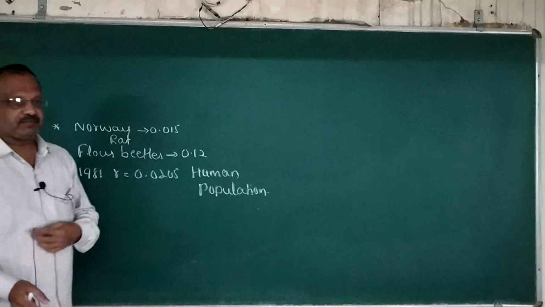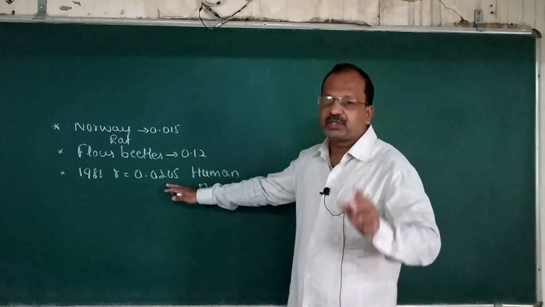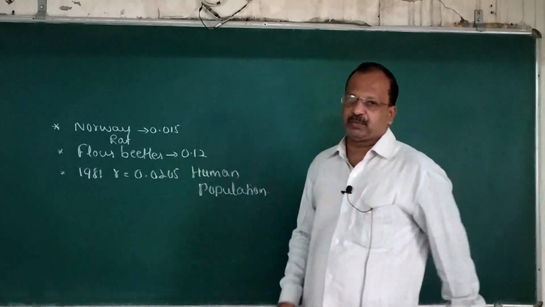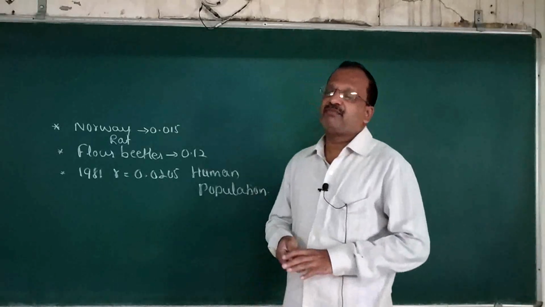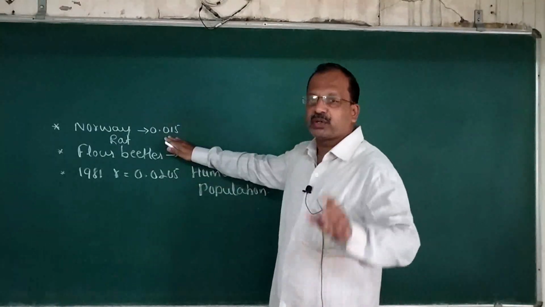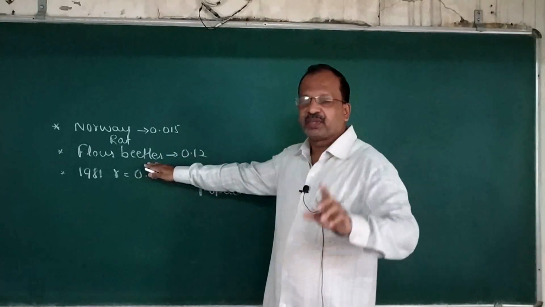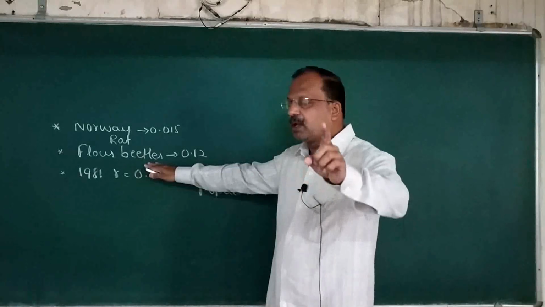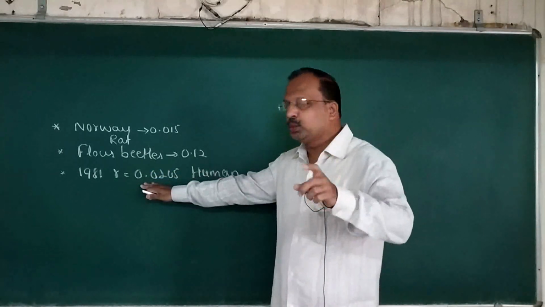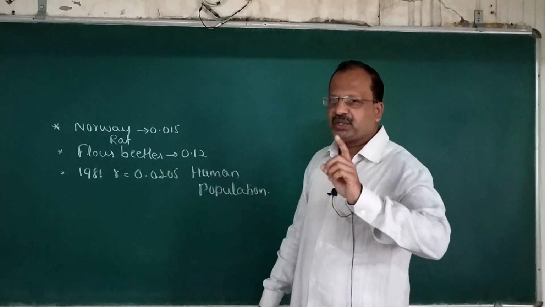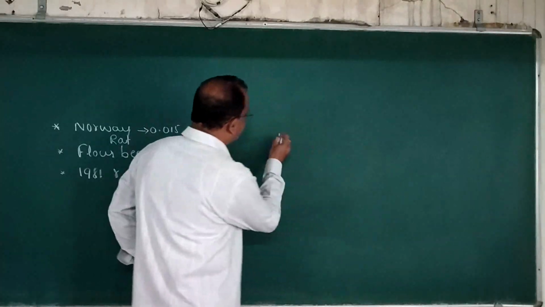In the year 1981, the r value for the human population is 0.0205. Please take care of these three CET points.